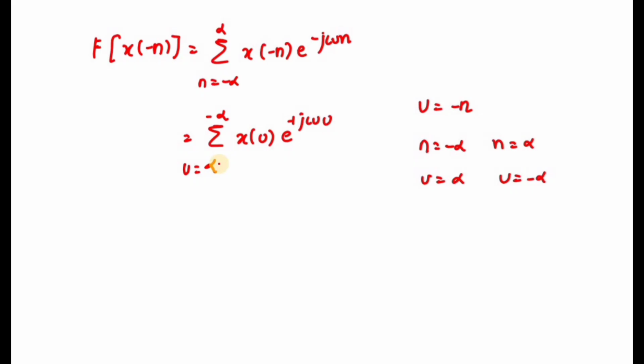This I can change to u from minus infinity to infinity of x of u e power j omega u. So I can write this as X of e power minus j omega.